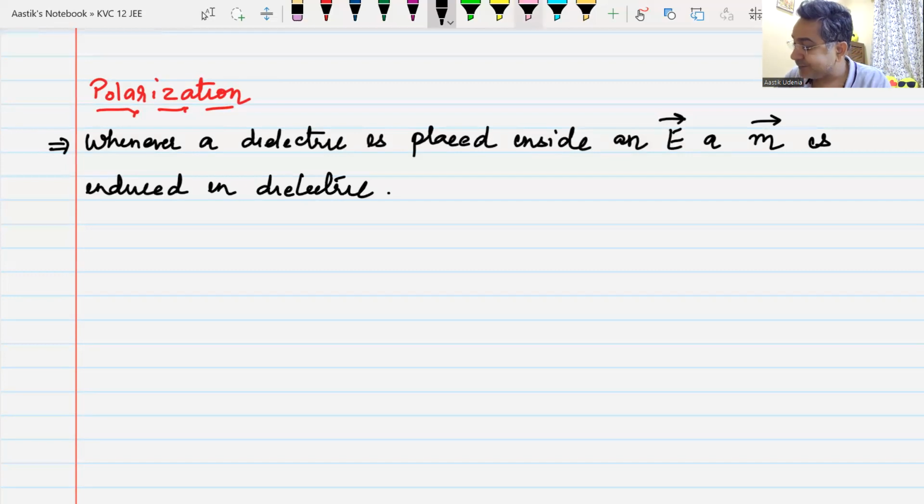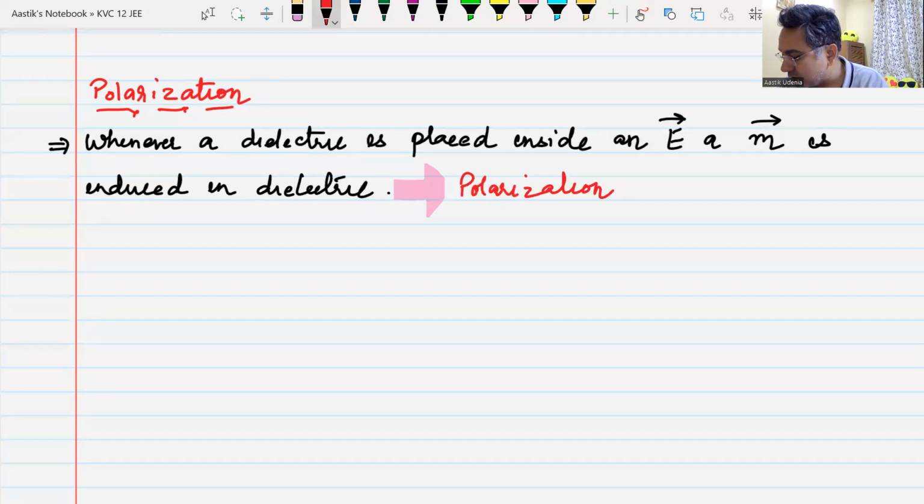This phenomena is known as polarization of the dielectric.